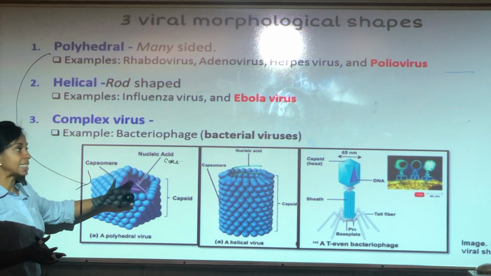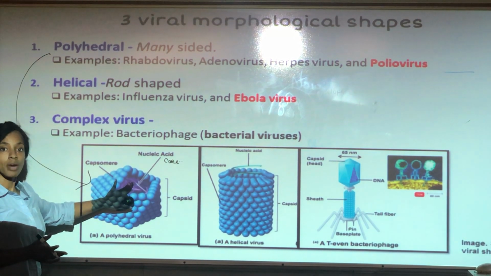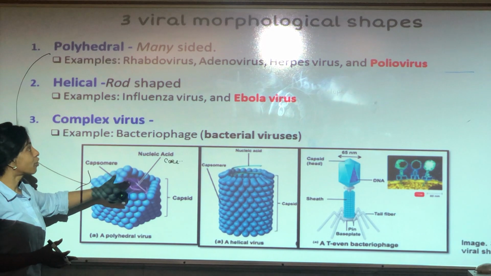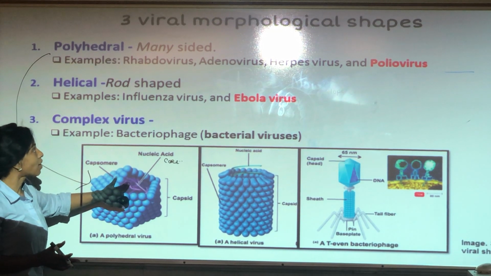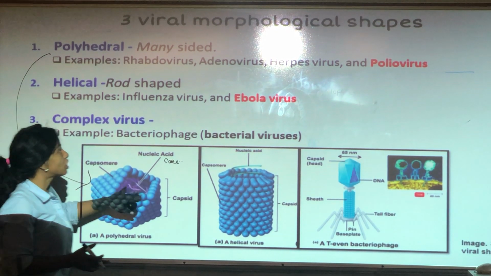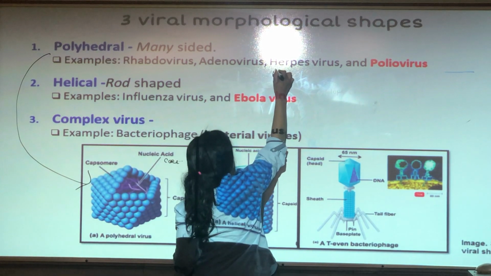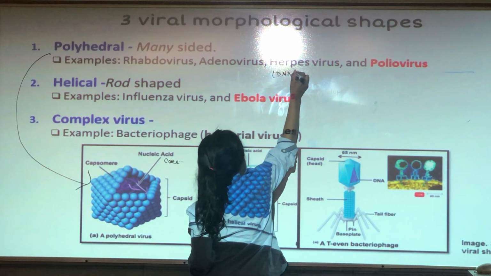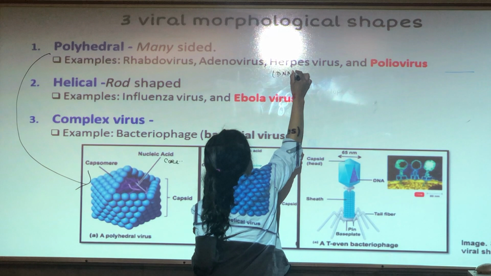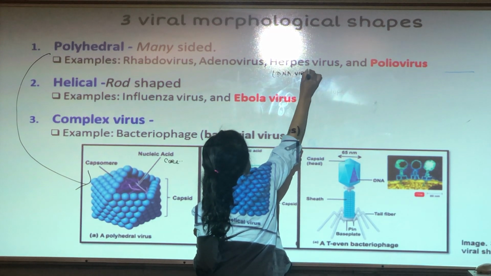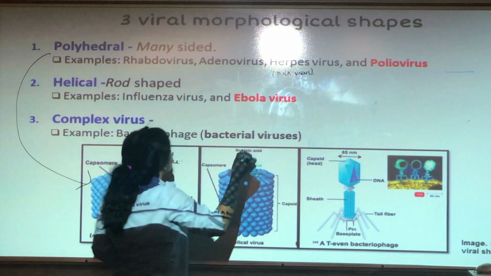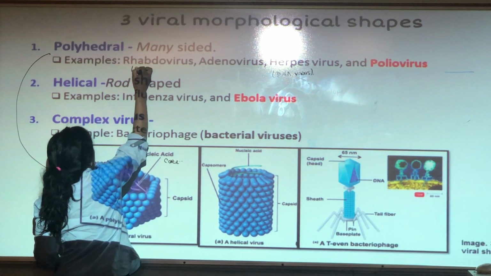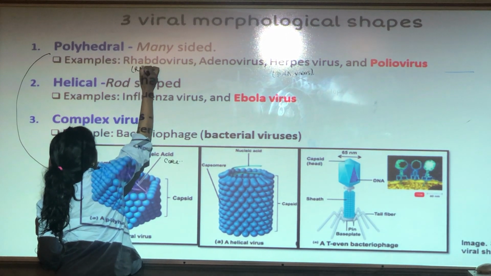It's either going to be DNA or RNA, all right? So let's say if we had something like herpes virus, the herpes virus is going to be a DNA virus, all right? But something like your rhabdovirus is going to be an RNA virus.